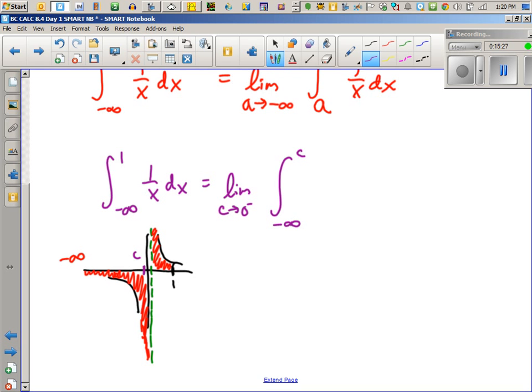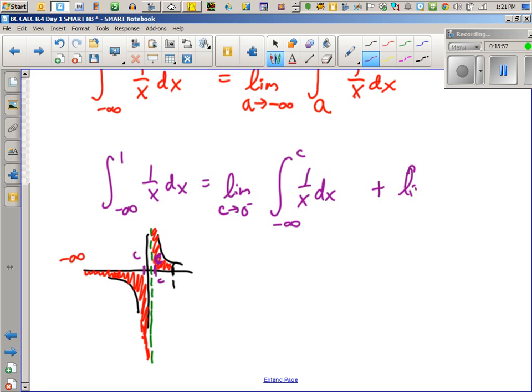Okay? So I'm technically not going to 0. I'm going to a number just shy of 0, and then I'm letting that number approach 0. So kind of just rewriting in the proper form. Then you have your 1 over x dx. For the second integral, I'm going to have to pick a C on this side, just to the right of 0, you see.